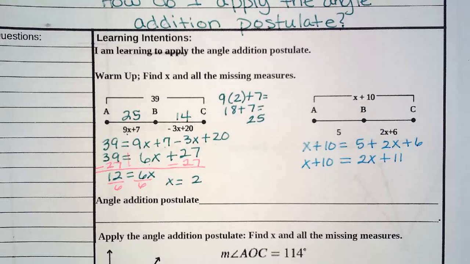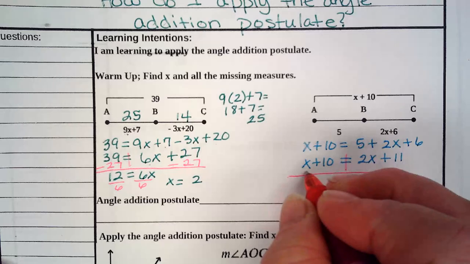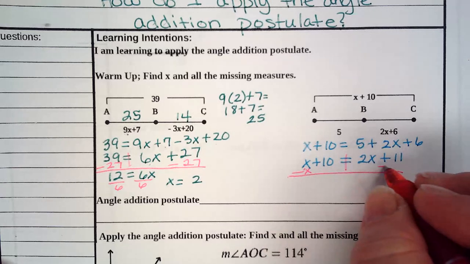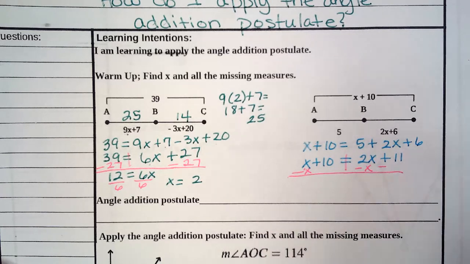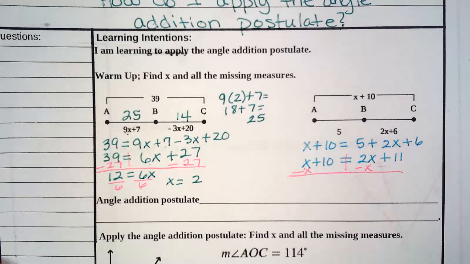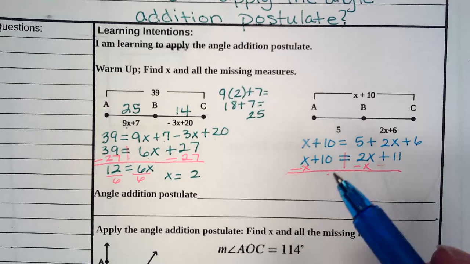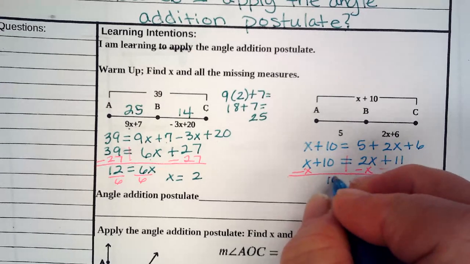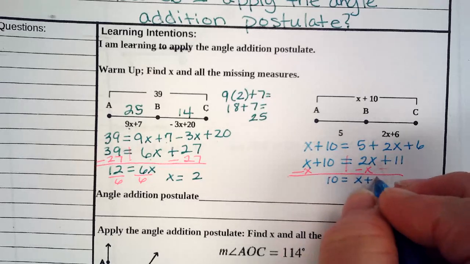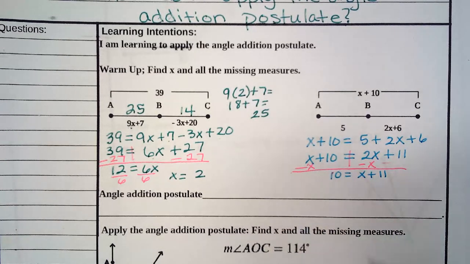I'm going to subtract x from both sides. And I've got 10 is equal to x plus 11. Subtract 11 from both sides.